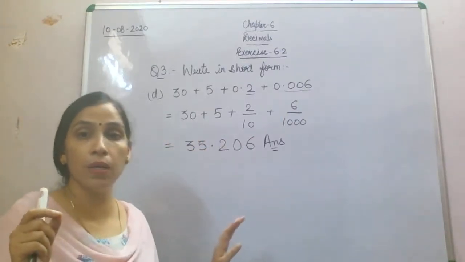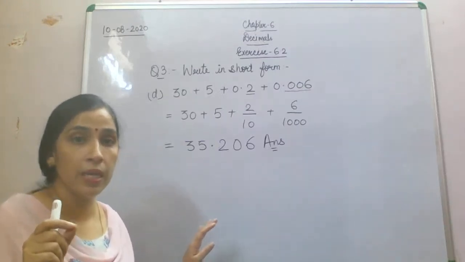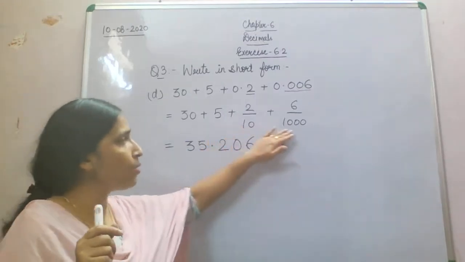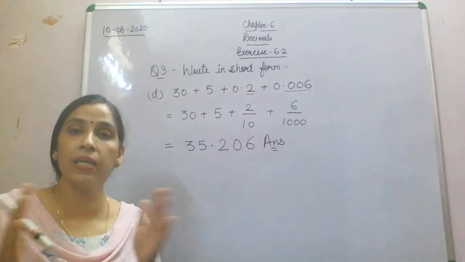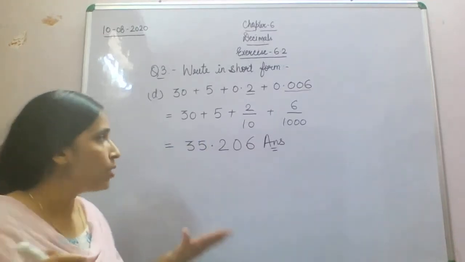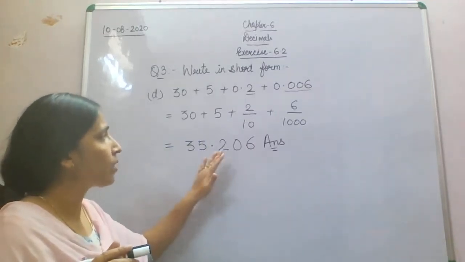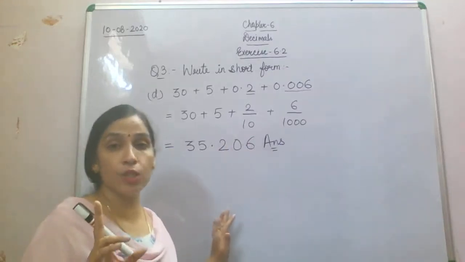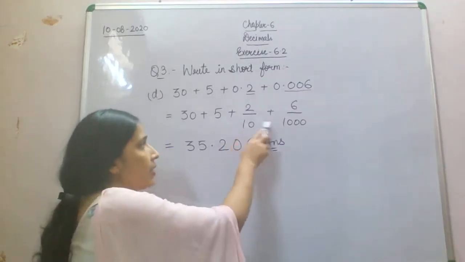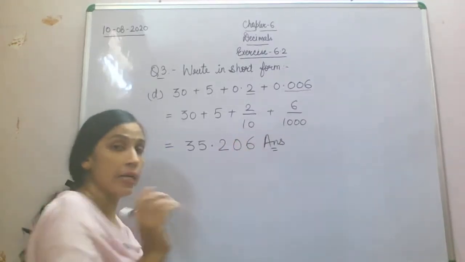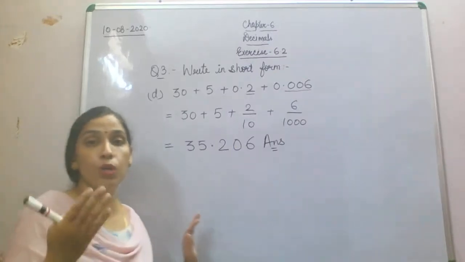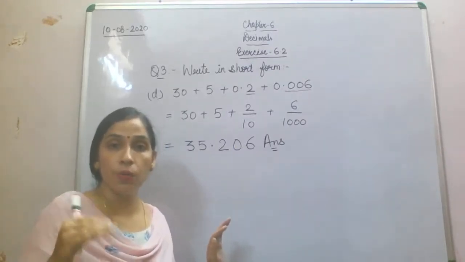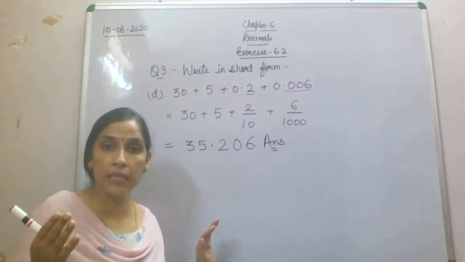Then we will make a decimal point over there, because this tenths and thousandths place you are supposed to write after the decimal point. So what we will do here, 2. Now hundredth place is not given. You can see here 10 and 1000 is there only, but hundredth place is not there. So what are you going to write on that hundredth place?